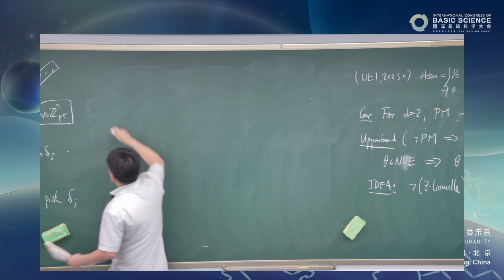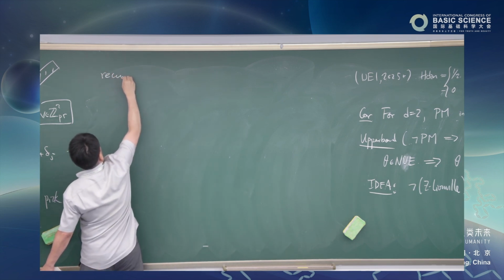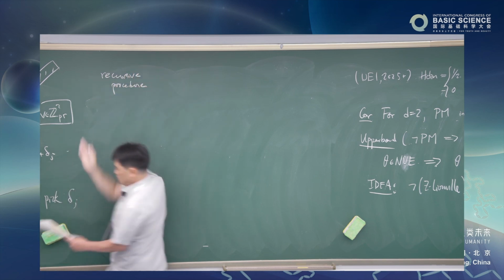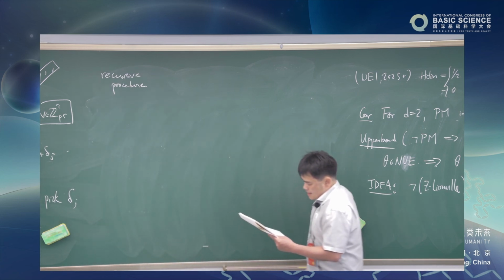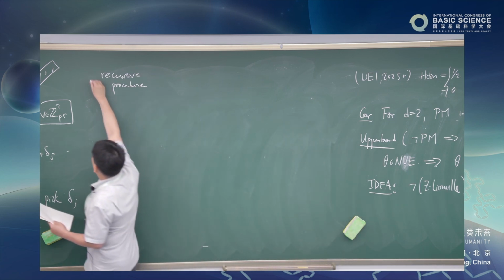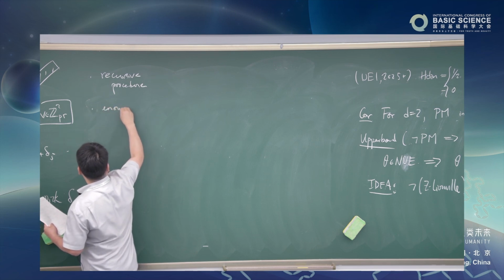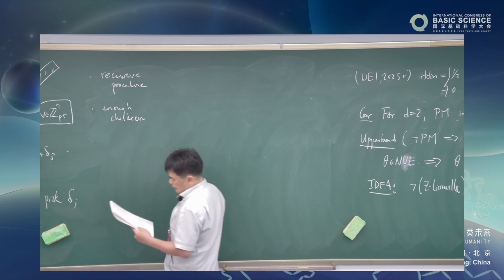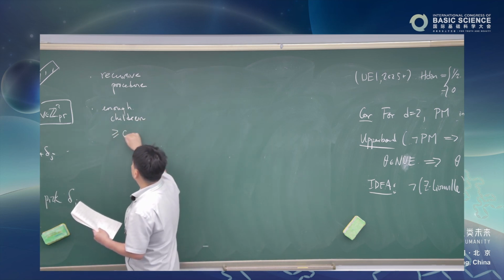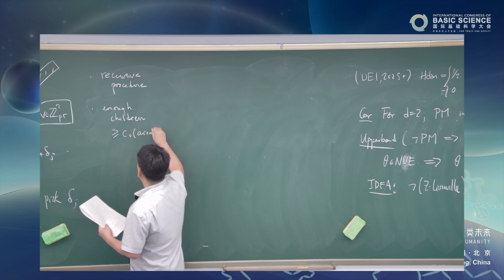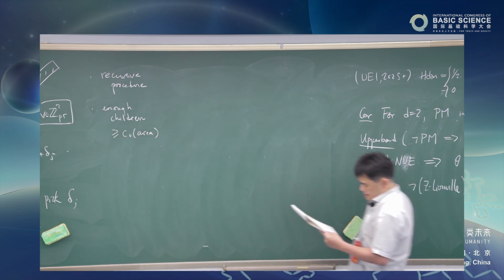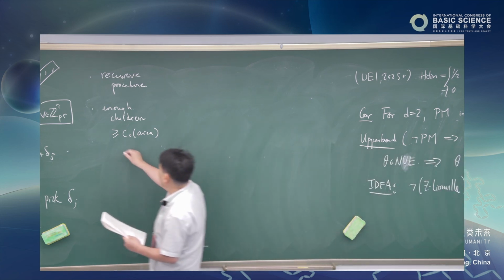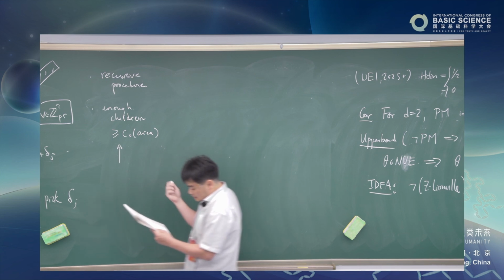So we have this recursive procedure for building these sequences. And then the challenge is to always have enough children at each stage. And enough children means at least a constant times the area of this region that I've indicated. And in order to guarantee that you get enough children, that's actually very, very tricky.